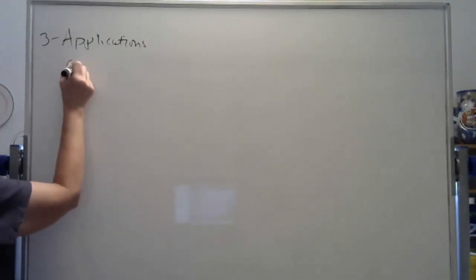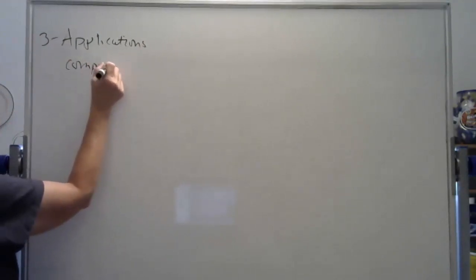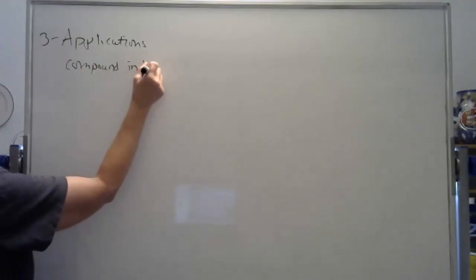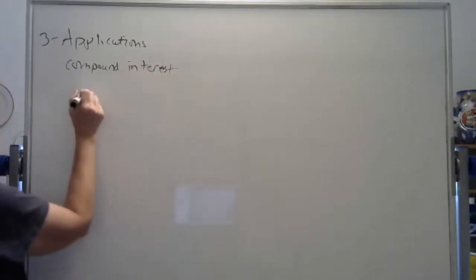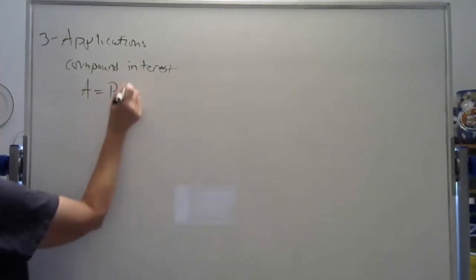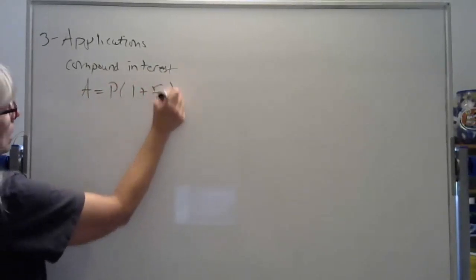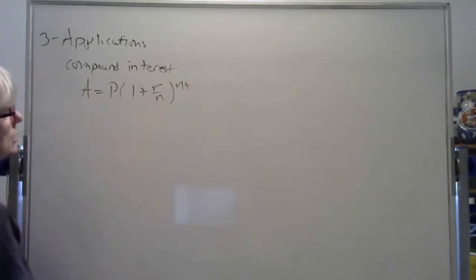So if you have compound interest, there was no way for me to figure out how to give you the formula, so you just need to memorize it. So A equals P times quantity 1 plus R over N to the NT power.